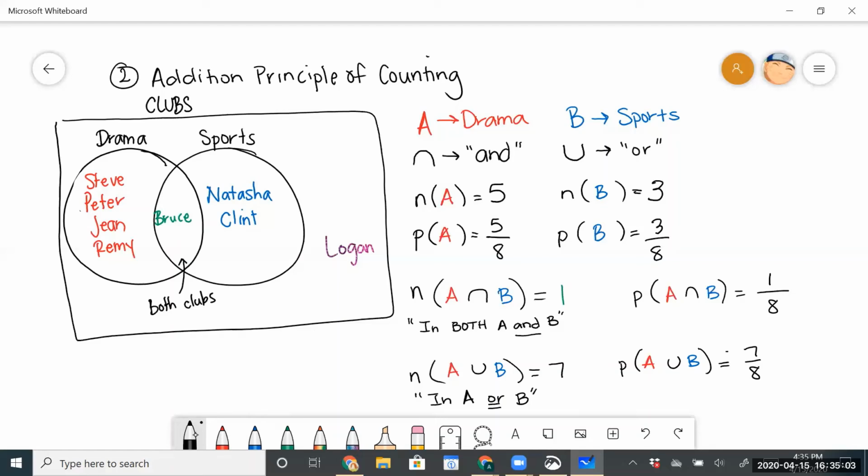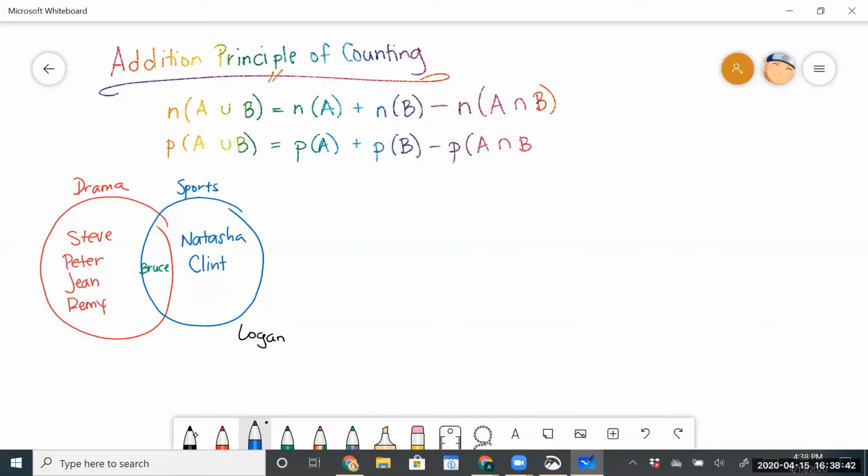So all this notation is just to get us to what the addition principle of counting really is. Here I've recreated our little Venn diagram so that we can discuss why I need to have this complicated formula anyway. You were able to count just fine earlier that there were 7 people involved in either drama or sports.